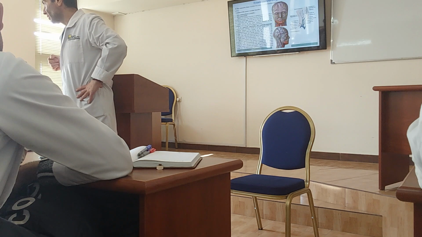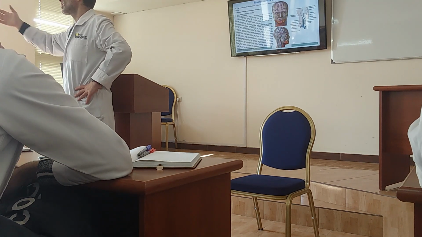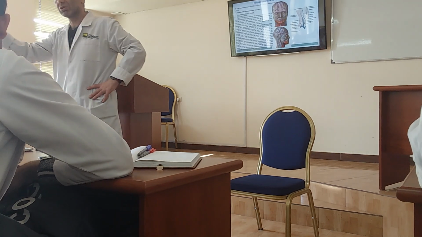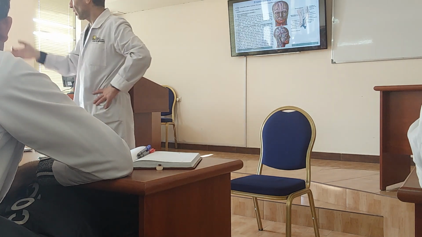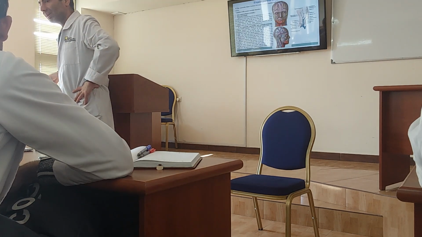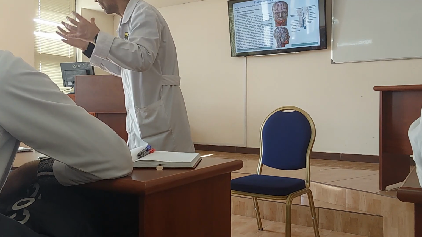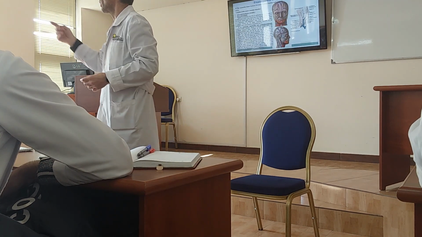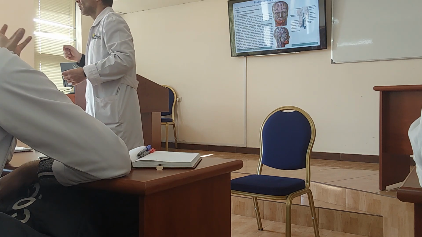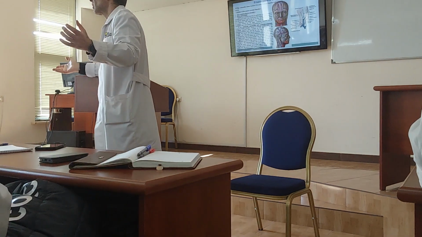What is meningitis? Inflammation of the three meninges: dura, arachnoid, pia. What is encephalitis? Inflammation of brain tissue. What is sinus thrombosis? It is in the sinus. Closing of the sinus.